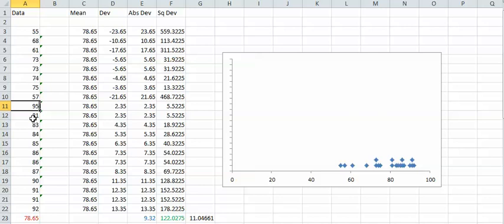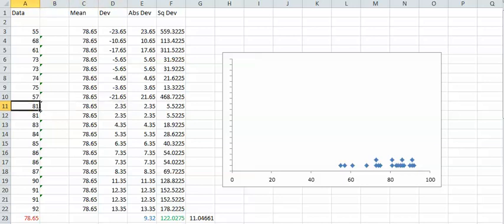Okay, so this value is now further away from the mean than it used to be. It's now 15 away from the mean, or 15.65. It used to be only 2.35 away. It used to be really close to the mean.